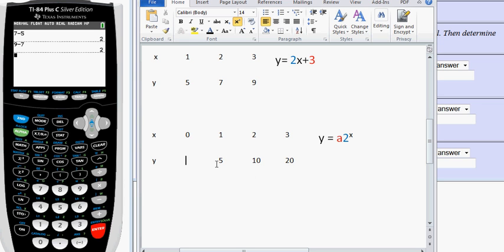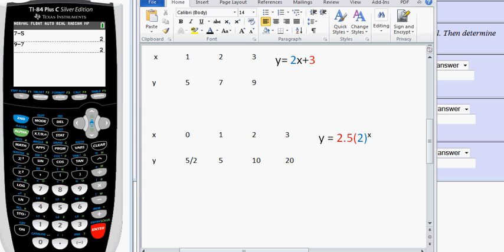So this is going to be 5 divided by 2, or 5 halves, which you could write as 2.5. So where I see a here, I'm just going to type in 2.5, and then to pretty it up, you'd probably put parentheses around the 2.